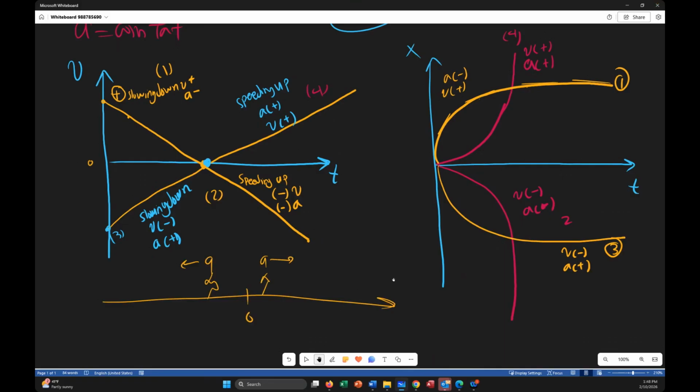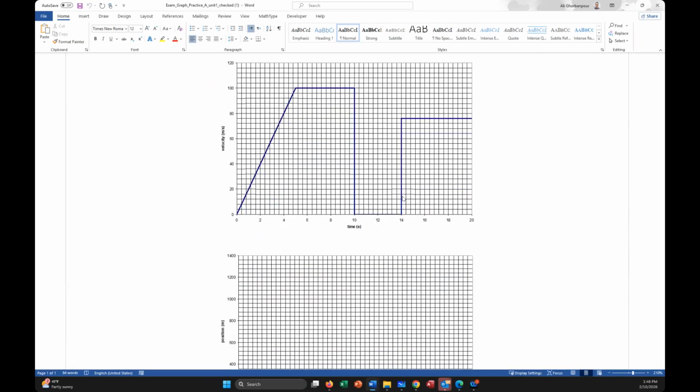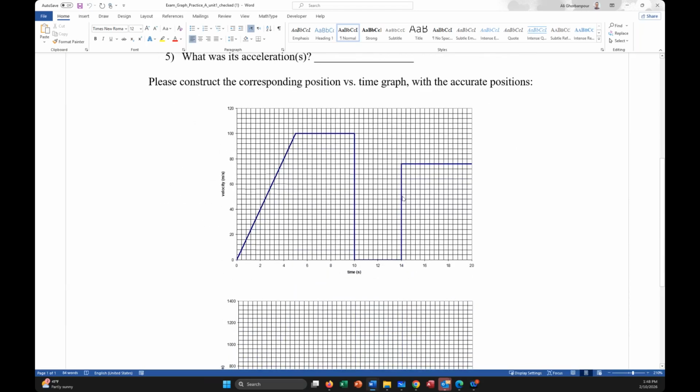So, now go back to this problem. Okay, the velocity, what happened in the first 5 seconds, yes? Is the velocity increasing or decreasing or constant? Good. You see, the velocity was 0.